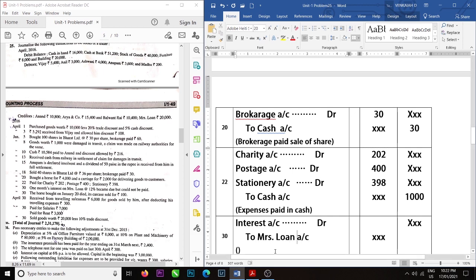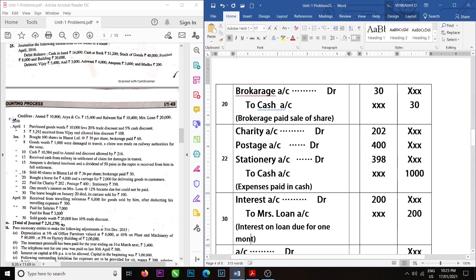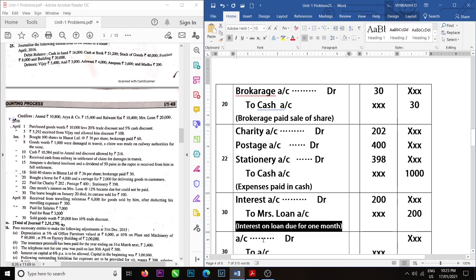Mrs. loan is 20,000. 20,000 into 12% is 2,400. 2,400 divided by 12 is equal to 200, one month interest. Interest on loan due for one month.